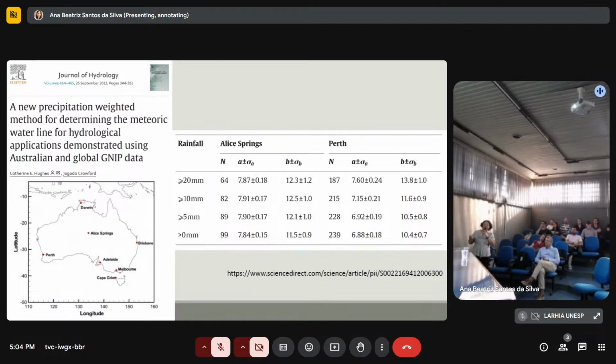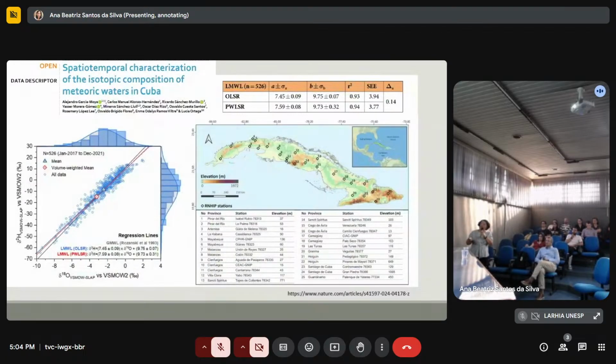So in Alice Springs, you don't see a difference in the size of the event. But in Perth, if you select only events larger than 20 millimeters, you could have a totally different regression line. And this can affect the equation you should use to compare in recharge studies. You need to pay attention to this if that is the intention.